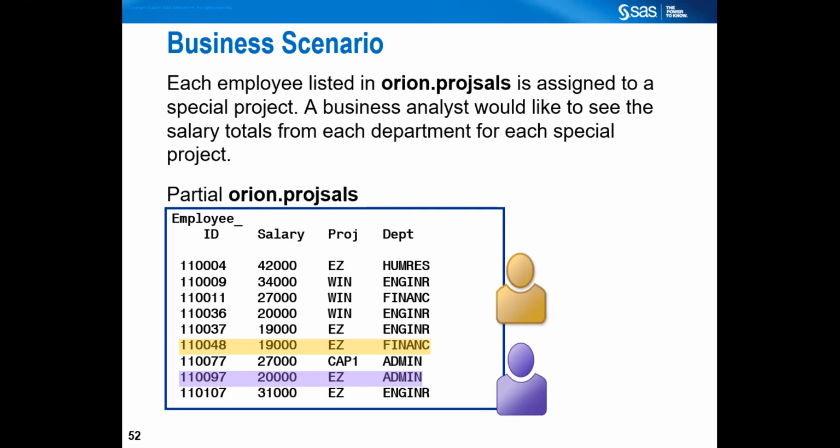But at the same time, in your data, you have a situation where employees with the same projects come from different departments. Now this is the scenario. But you have to have the accumulating total salary within every department.